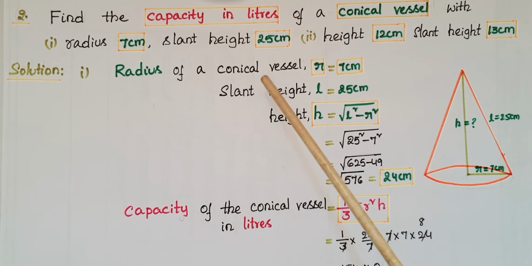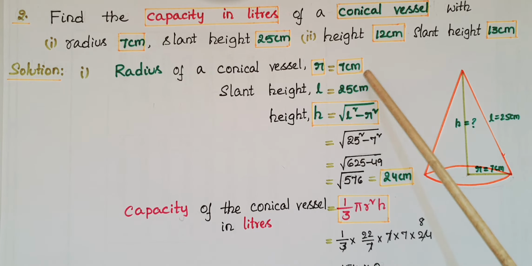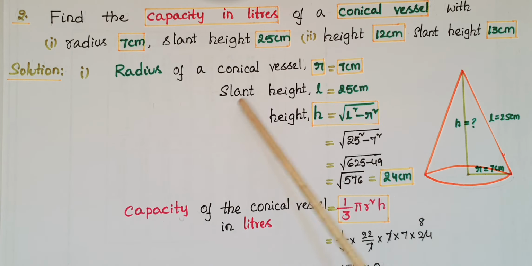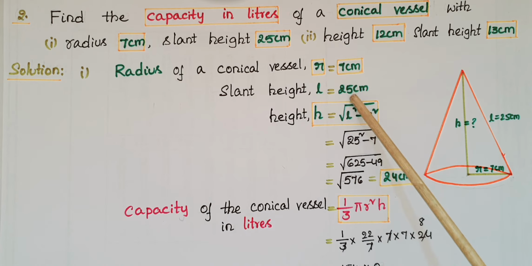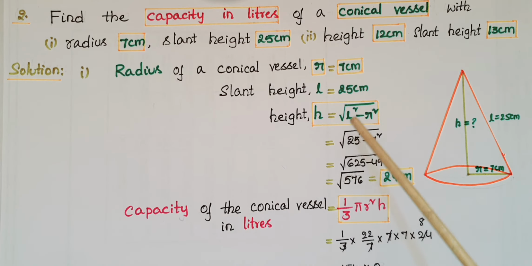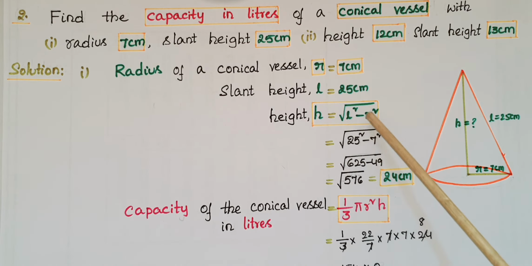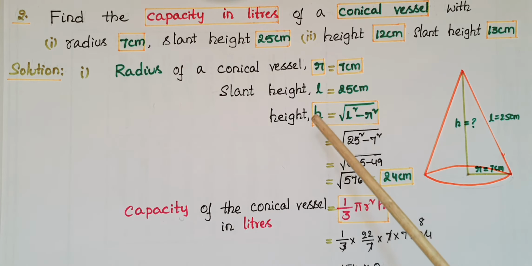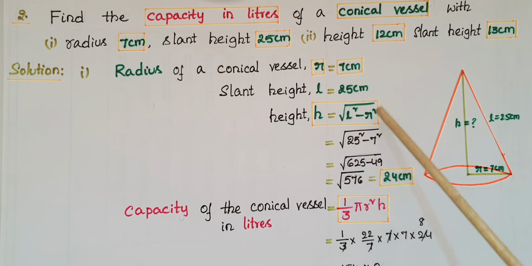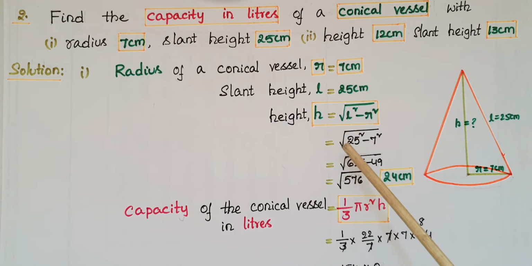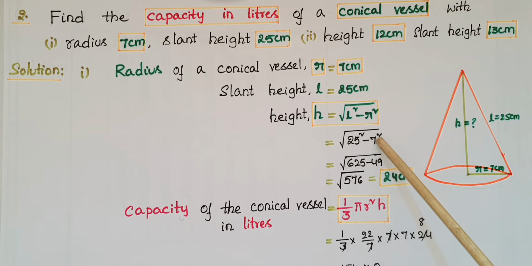So radius of the conical vessel is r is equal to 7 centimeters, and slant height L is equal to 25 centimeters, and height h is, here we know that this is a right circular cone, so this angle is 90 degrees, so L square is equal to h square plus r square. So h square is equal to L square minus r square, so h is equal to square root of L square minus r square, that is equal to square root of 25 square minus 7 square.